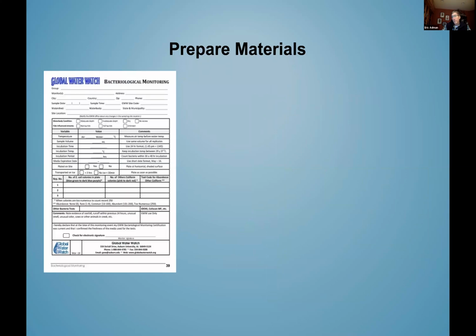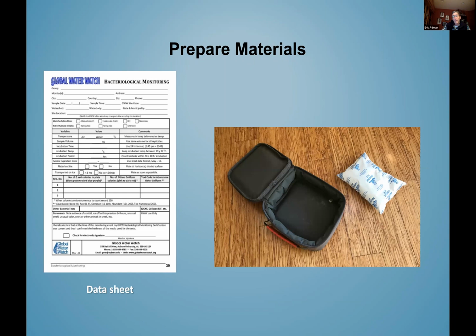Also going to bring our data sheet, so we can record our field observations, and then subsequently we can record our bacteria counts. And then this is just a little insulated lunchbox with an ice pack.